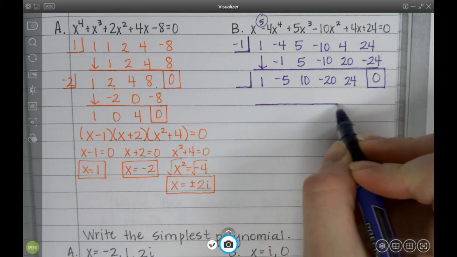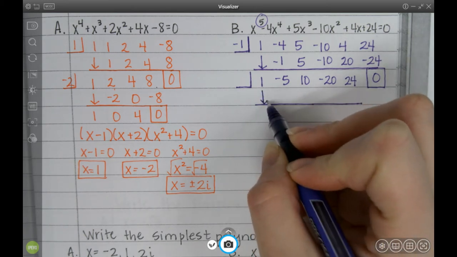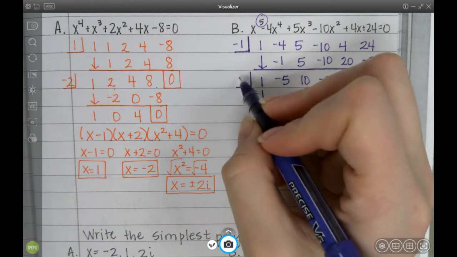Okay, what's another number I can put in the box? I don't have to retype it. 2 and 3. Yep, 2 and 3. So I'm going to start with 2.